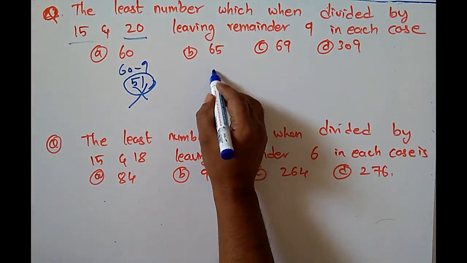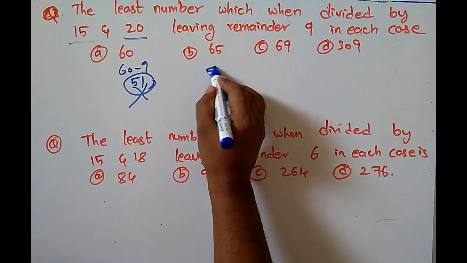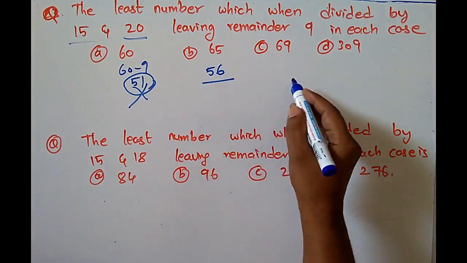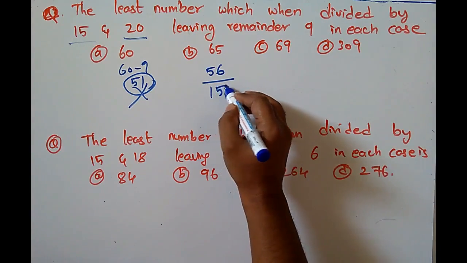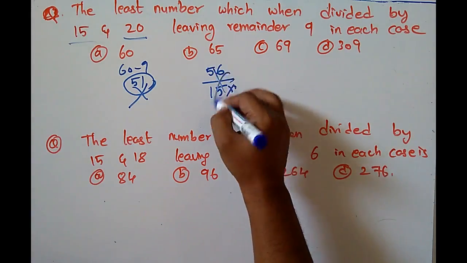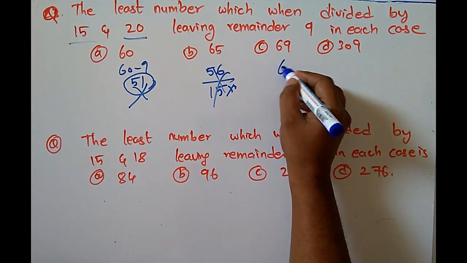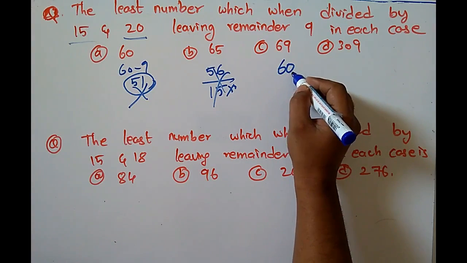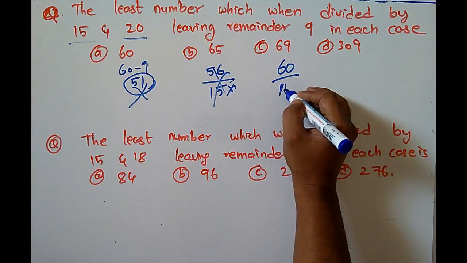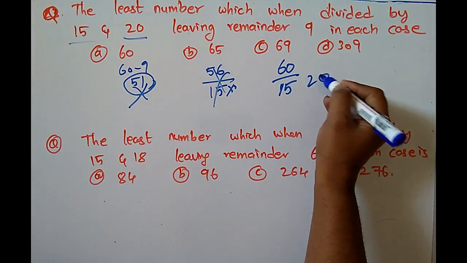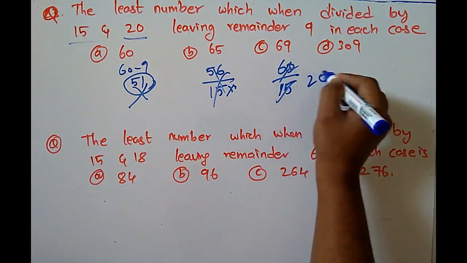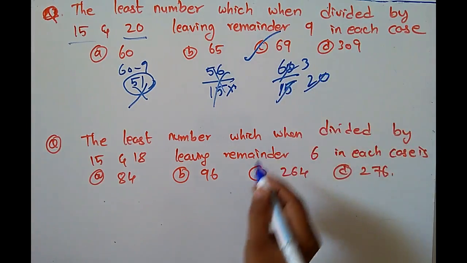If we take 65, we will get 56, which will not be divided by 15 or 20. So if you take 69, 69 minus 9 is 60. It can be divided by 15 and also by 20. 15 fours are 60, 20 threes are 60. So C is the answer.